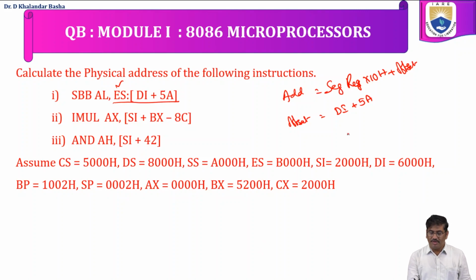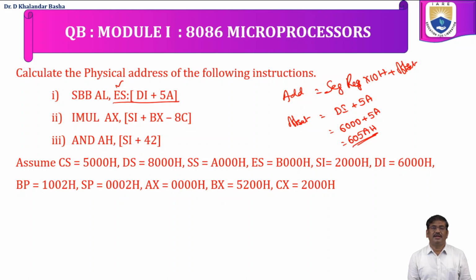In the given problem, the DI register is 6000 plus the immediate value 5H, so the offset value is 605H.